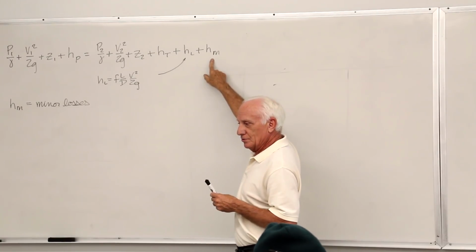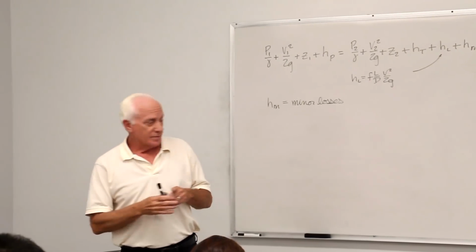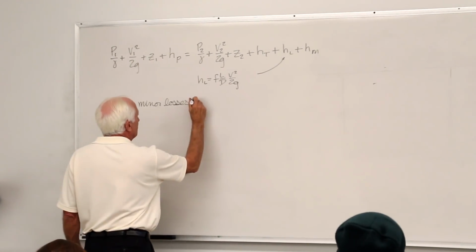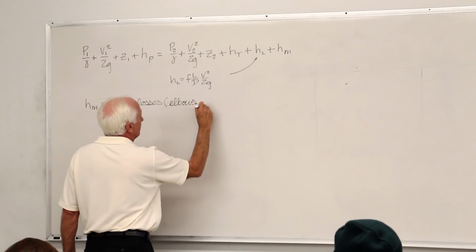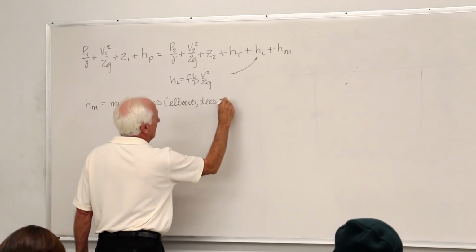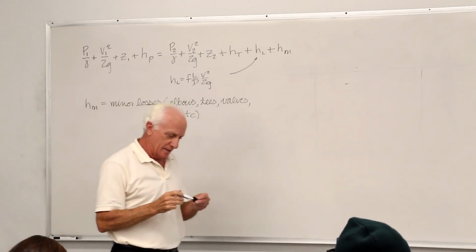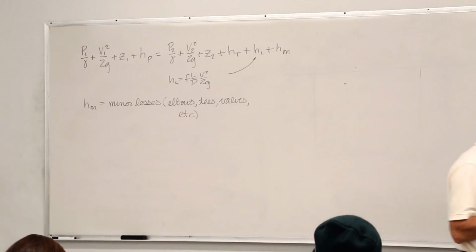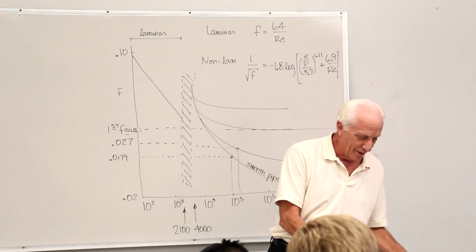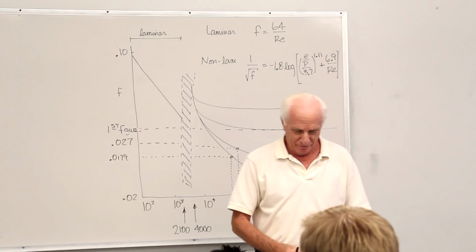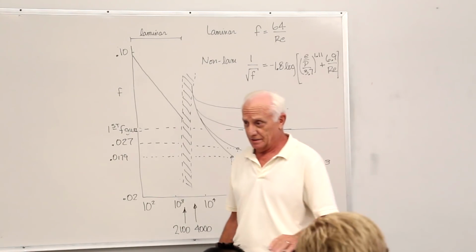This one is the loss due to fittings in a pipe: an elbow, a T, a valve, things like that. So we'll put down elbows, T's, valves, etc. Those are all components of the piping network which do add some resistance to the pipe flow, and they're called the minor losses, which is a misnomer because many times they're pretty big.